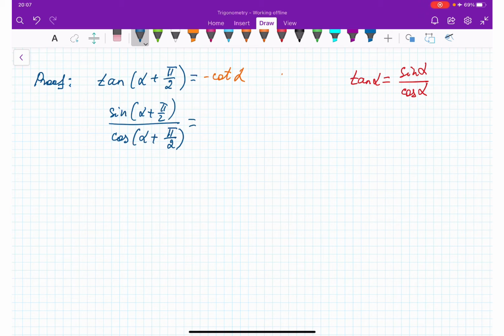Now I can open sine alpha plus beta and cosine alpha plus beta, right?